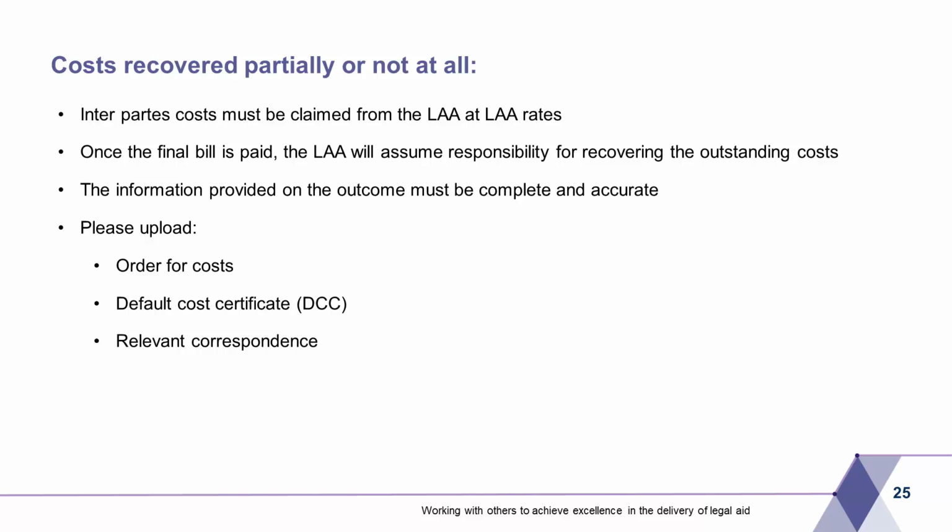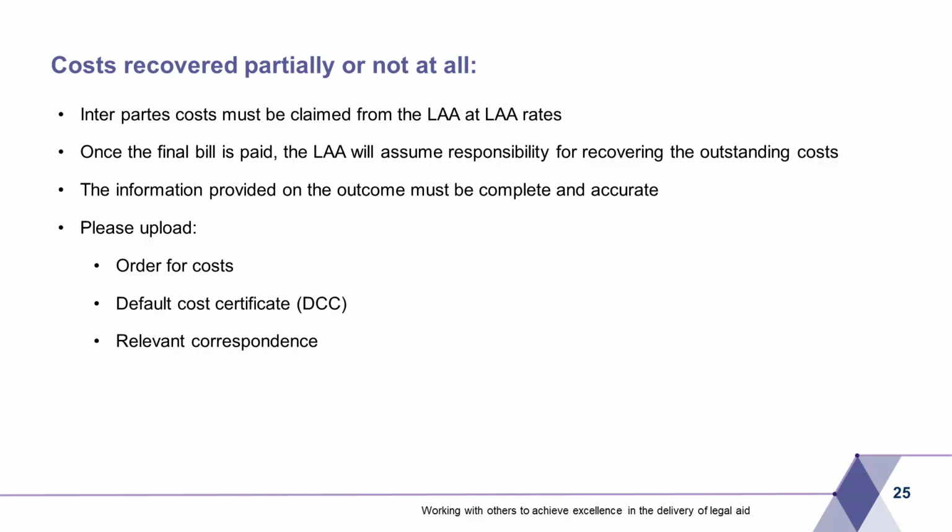So, slide 25. Where costs can't be agreed, you have the option to apply to amend the certificate to cover enforcement. But let's say that you've arrived at the point where there's no more that you can do and you just need to get the certificate discharged. The key things to bear in mind are that you'll be claiming all inter partes costs from us at legal aid rates, and the agency will be responsible for recovery of the outstanding costs.